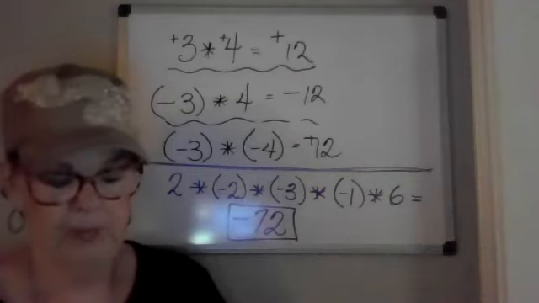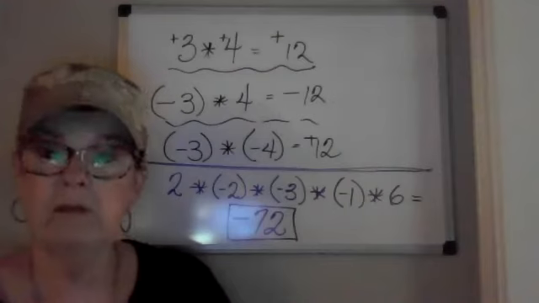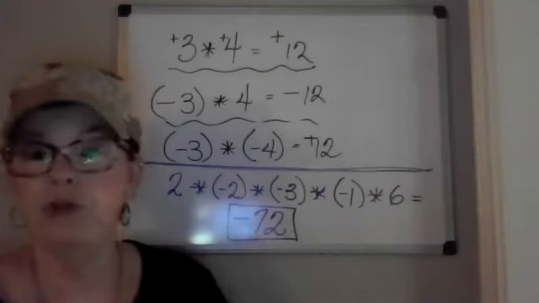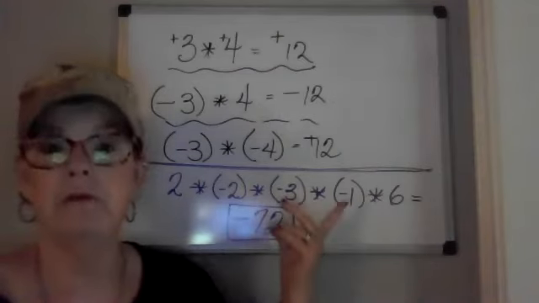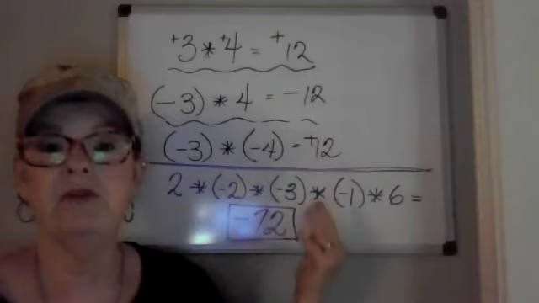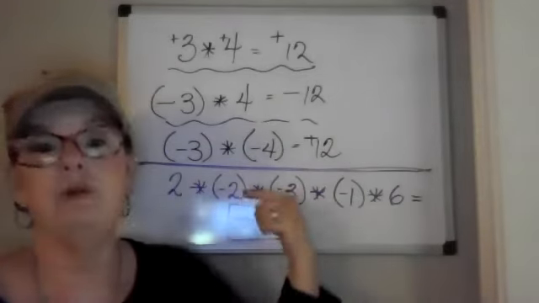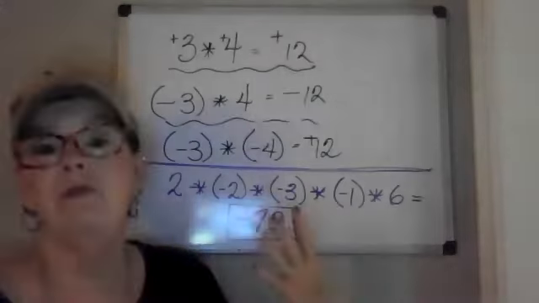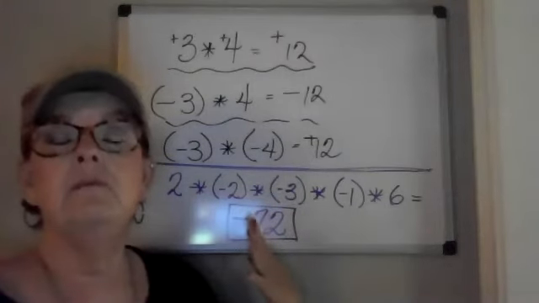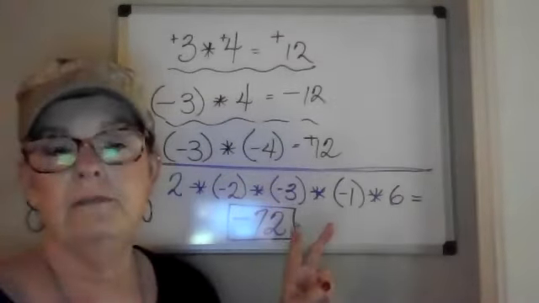Okay? Now, your calculator, I agree. You can put every bit of this in your calculator and you can find out the answer. You can put in 2 times and you can put a -2 and a -3 and a -1. You can put that in your calculator. 2 things.